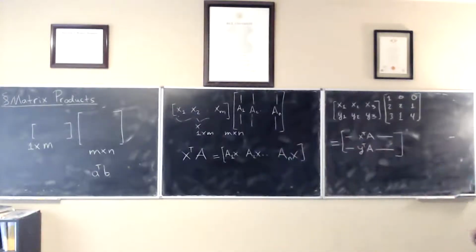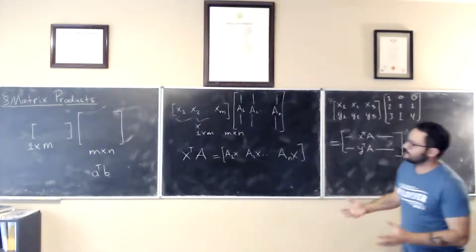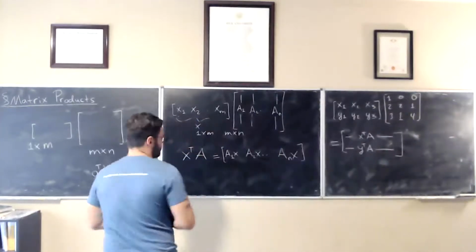So this is the row way to think about the multiplication.